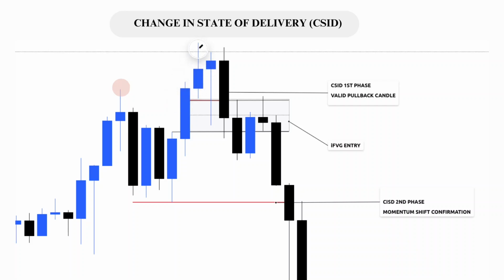Let's say the market went to hit a higher time frame PD array here. This last candle becomes our last valid bullish candle. Why is it a valid bullish candle? Because this candle closes above the high of this candle, so the market is still telling us that it is still bullish.